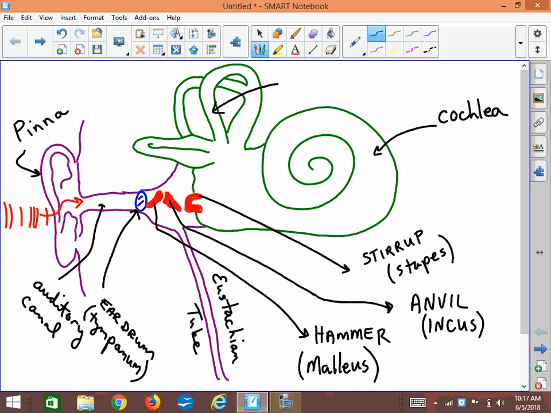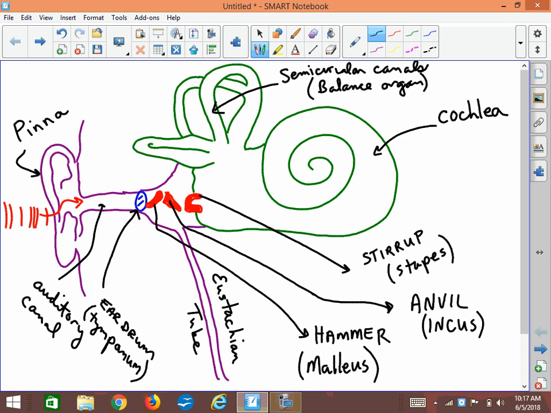These are called the semicircular canals. And this part of the ear is what makes up what we call the balance organ.